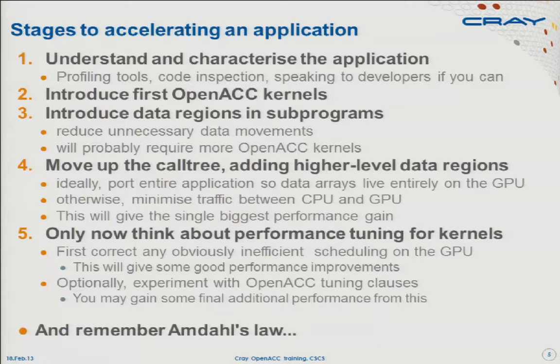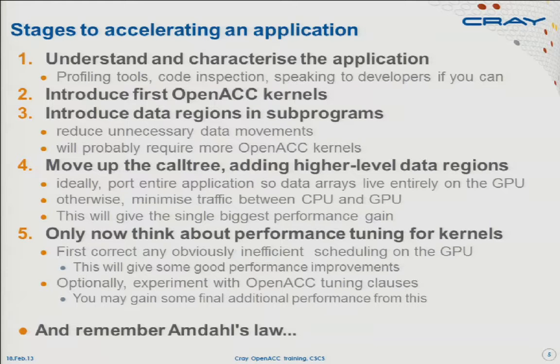Once you've done all of that, once the data isn't moving more than it has to, then think about performance tuning kernels. But as long as they're not stupidly slow because they're doing something ridiculous, just get your kernels going, get the data movement sorted out, and then think about optimizing kernel performance.